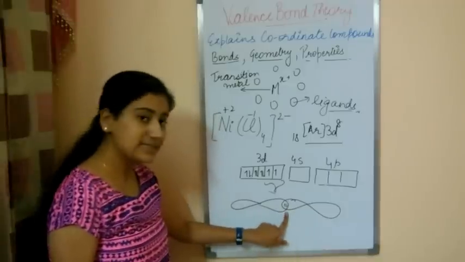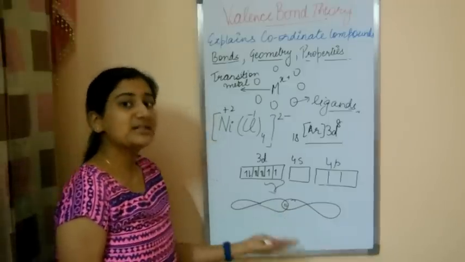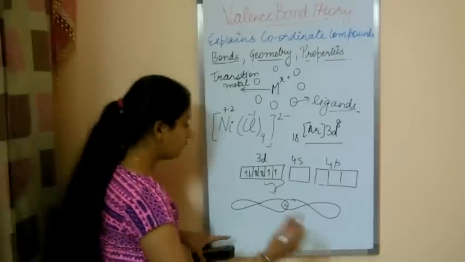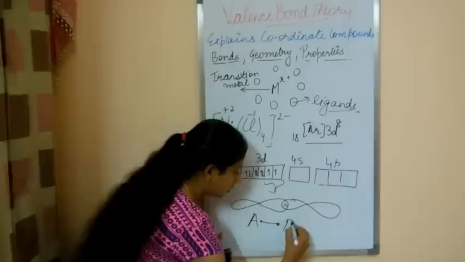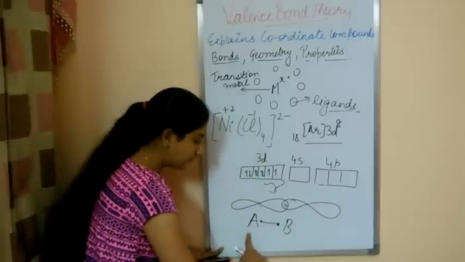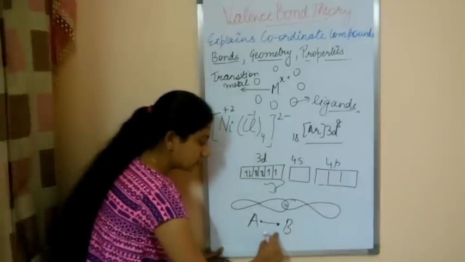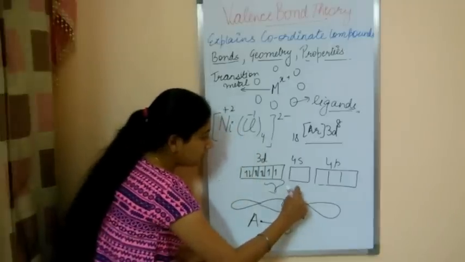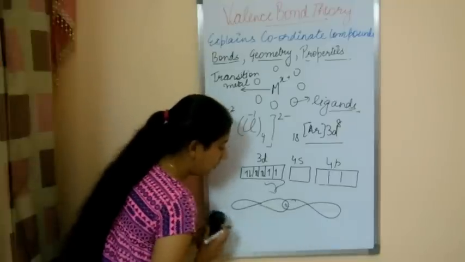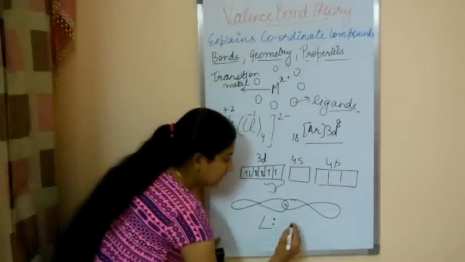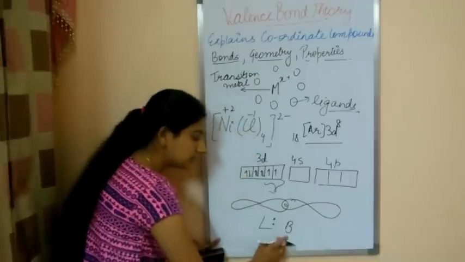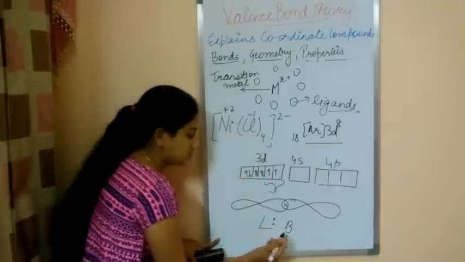Now this looks like a simple bond, but what is the difference from the covalent bond? In covalent bonding, it was sharing of electrons. One electron was given by atom A, the other electron was given by atom B. But what in a coordinate bond? In a coordinate bond, two electrons are given by the same atom. The other atom does not give any electron in the sharing.